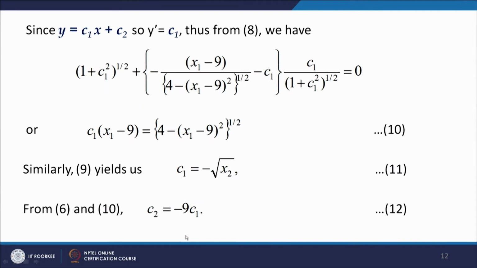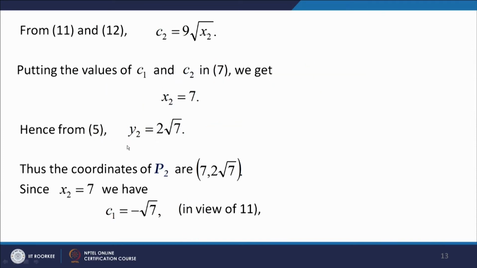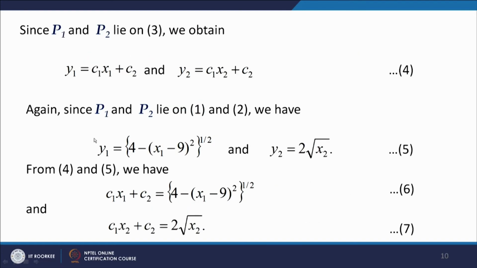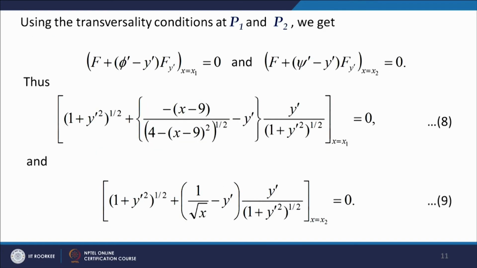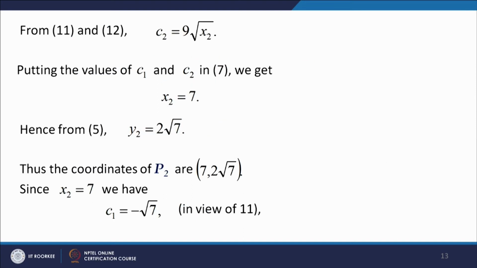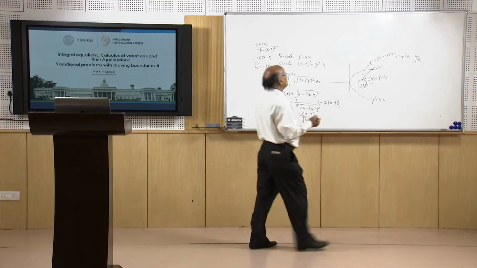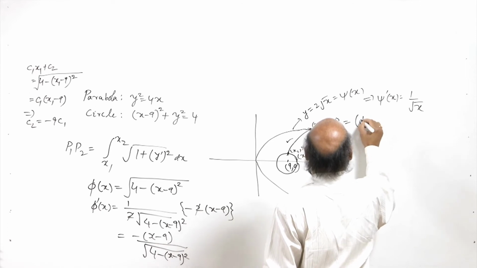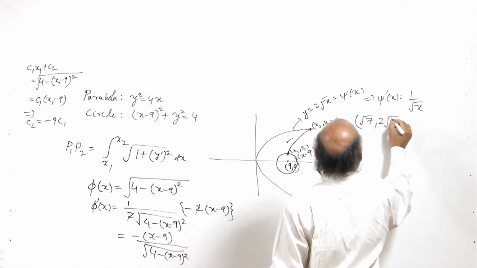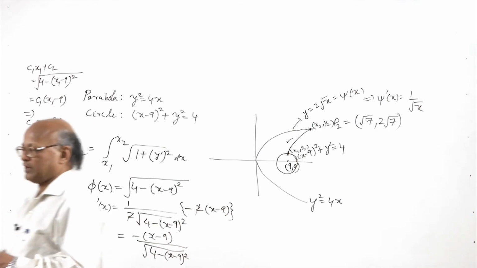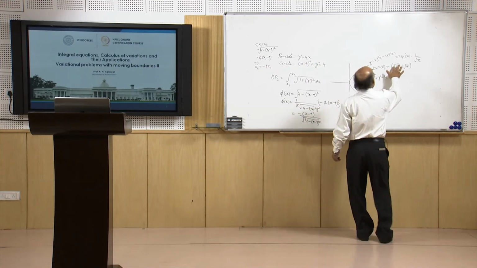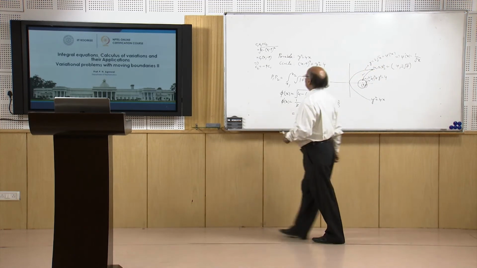We put the values of c1, c2 in terms of x2 and simplify this equation. We will get the value of x2 as 7, and hence from 5 we get y2 equal to 2√x2, so y2 equal to 2√7, and thus the coordinates of the point P2 are (7, 2√7).